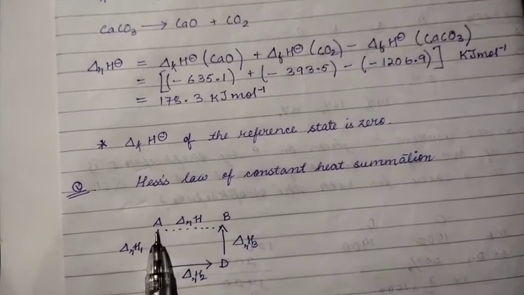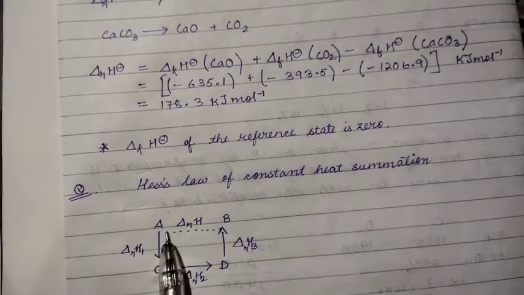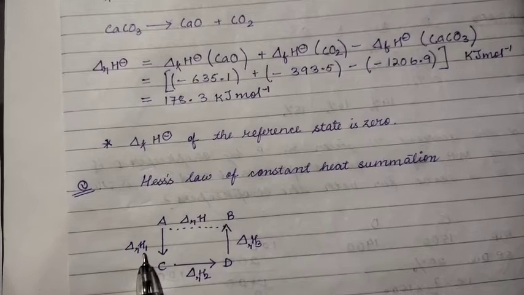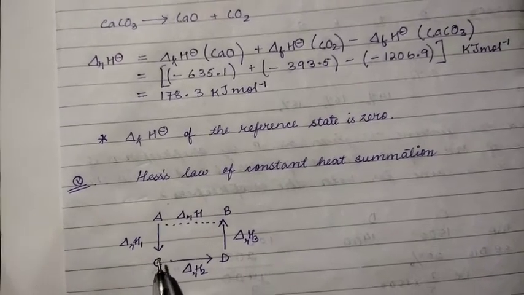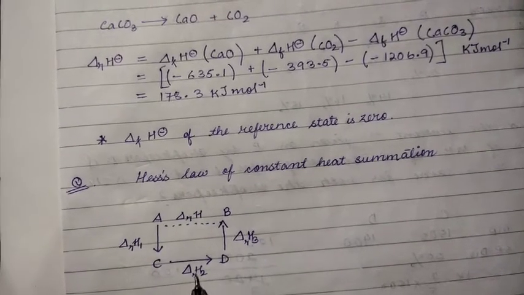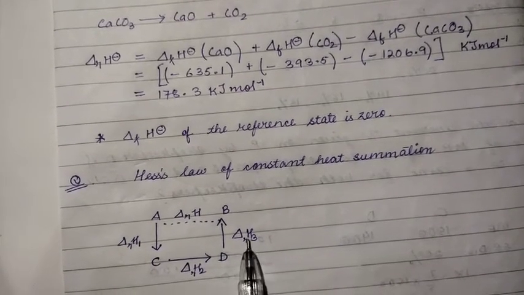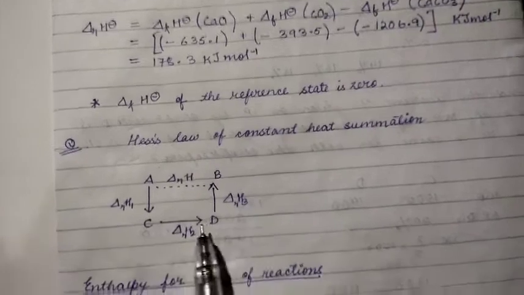So if the enthalpy change while A to B is occurring, let us consider it as delta rH1. If C is converting to D, the second step, let us consider as delta rH2. For the third step, let us consider delta rH3.